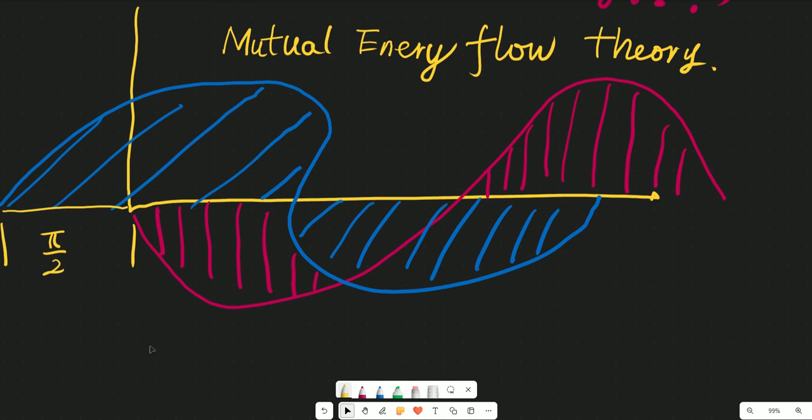Actually, for an electromagnetic wave, the magnetic field and the electric field have a 90-degree difference in phase. However, Maxwell theory tells us the electric field and magnetic field are in the same phase. That is wrong.